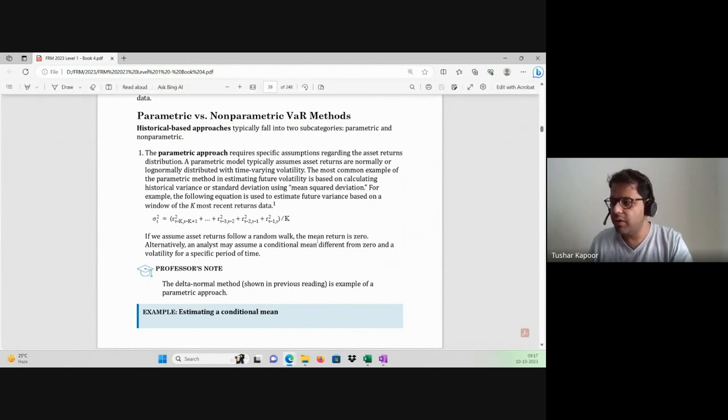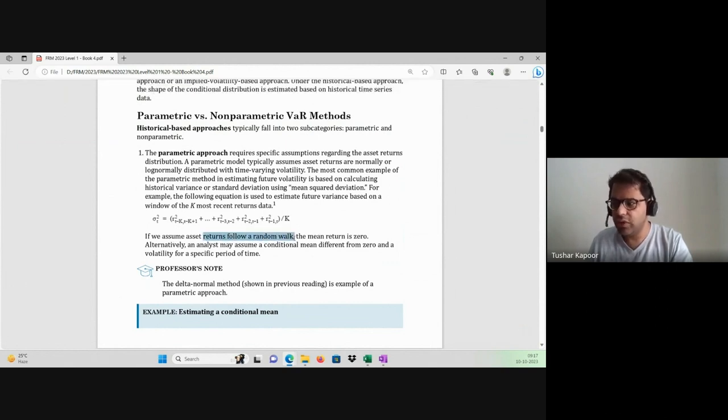Now, the important point here is if we assume assets follow a random walk. If you don't remember from the quants book, random walk is something where the prices for today, or the returns for today, are going to be exactly the returns for yesterday plus an ad hoc component. That came only during the last 2 or 3 chapters, if I recall.